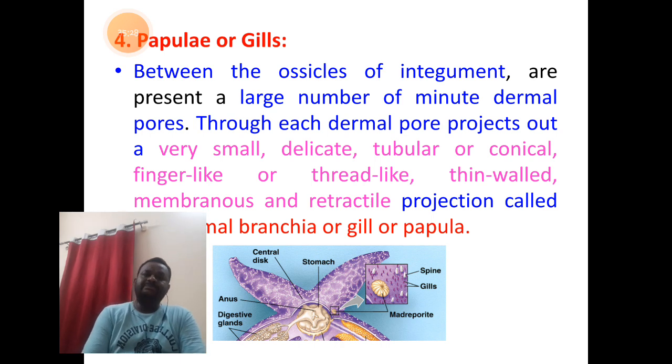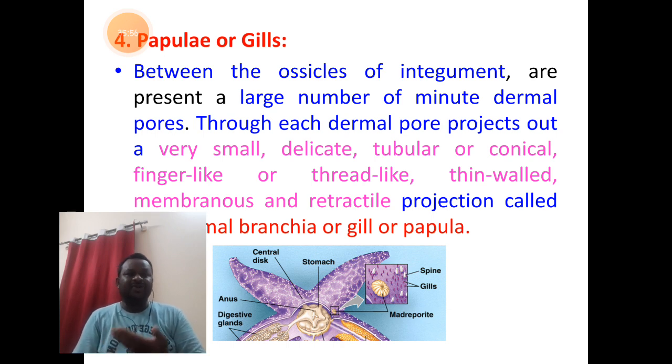The next important part that we find on the aboral surface is papillae or gills. We know that the integument of Asterias consists of the endoskeleton, or bony framework, made up of plate-like structures called ossicles.